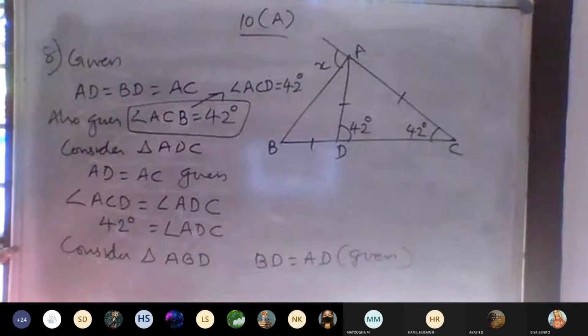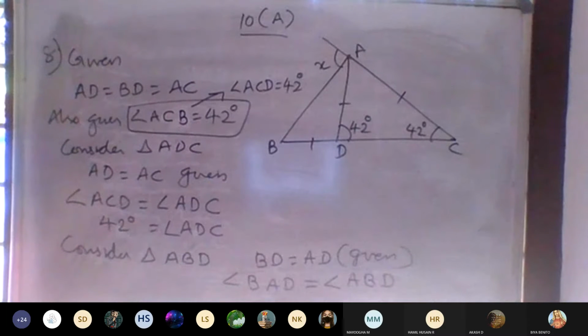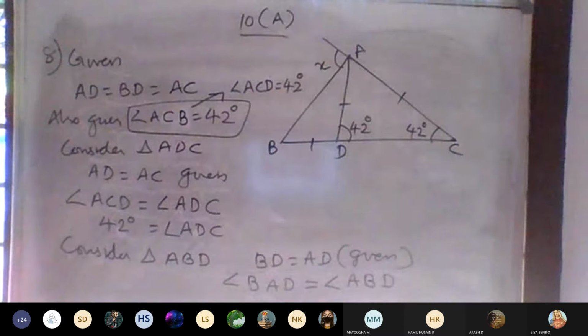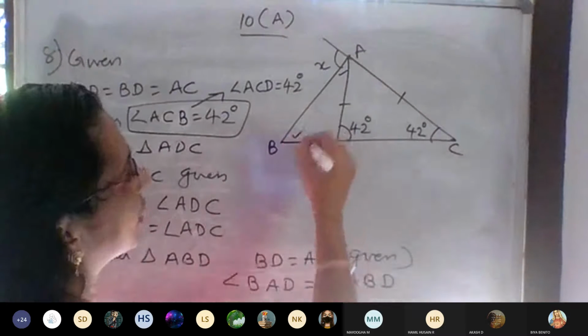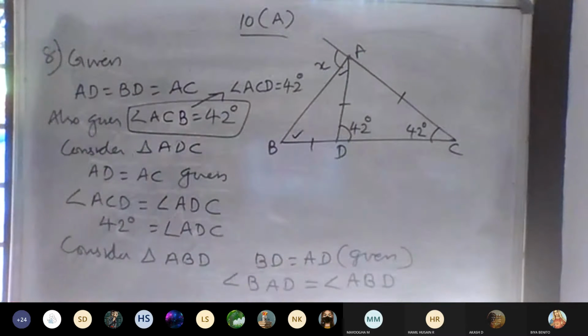So angle BAD will be equal to angle ABD. These two angles are equal, and we have 42 degrees.